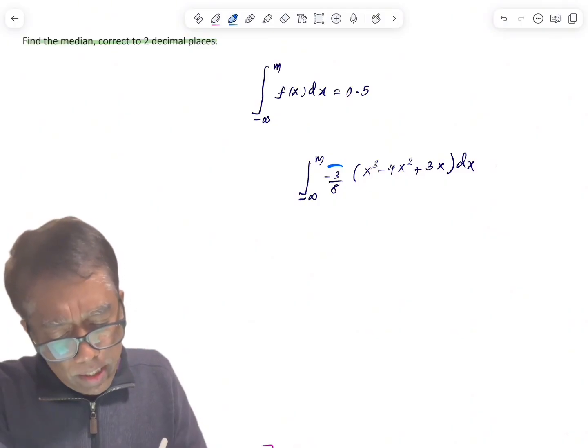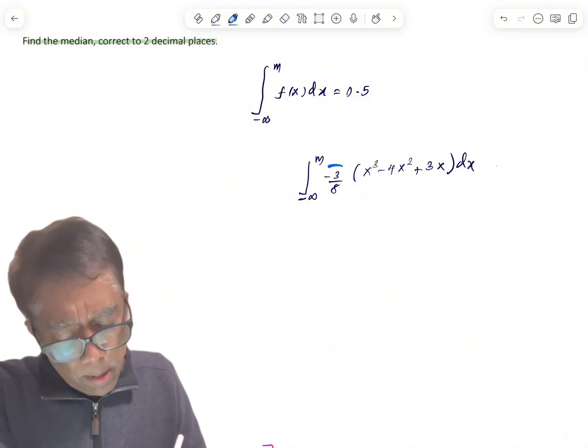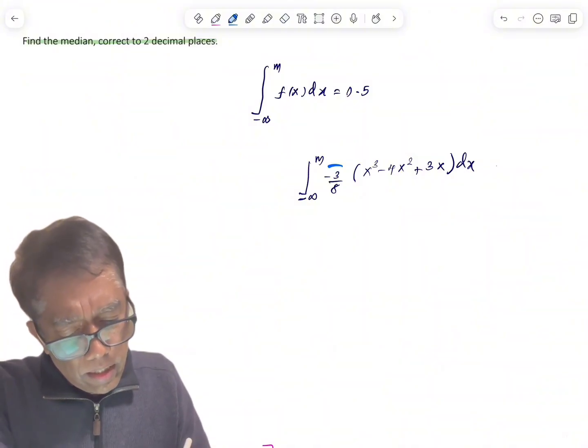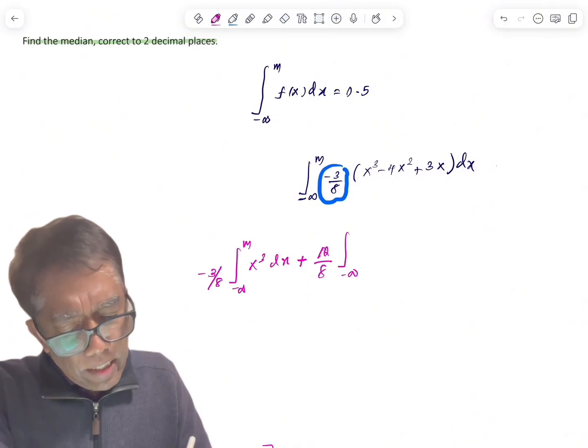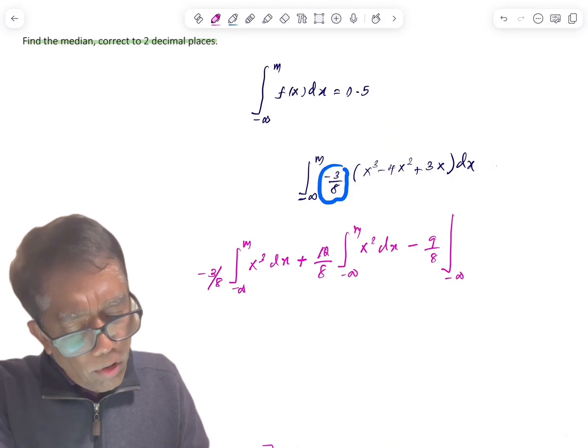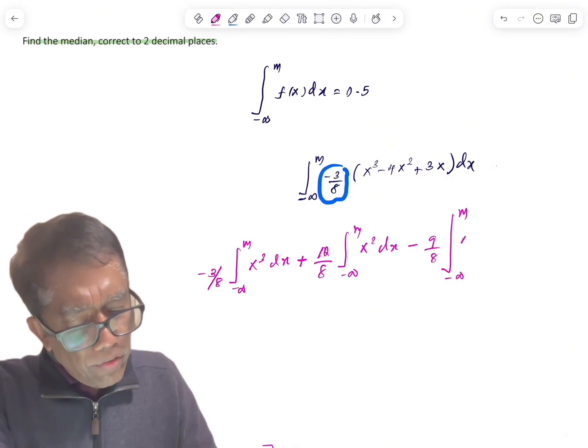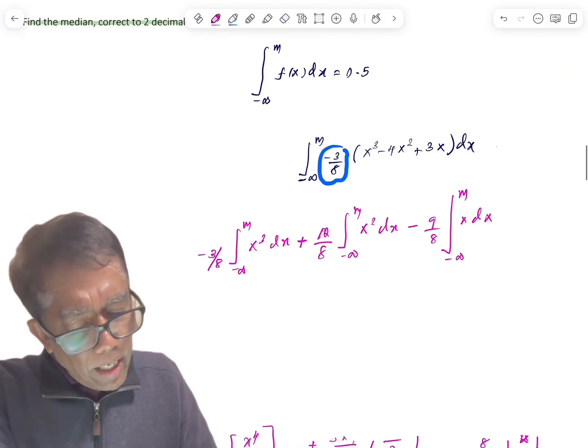Negative 3 over 8, integral of x cubed dx, plus 12 over 8 integral of x squared dx, minus 9 over 8 integral of x dx.